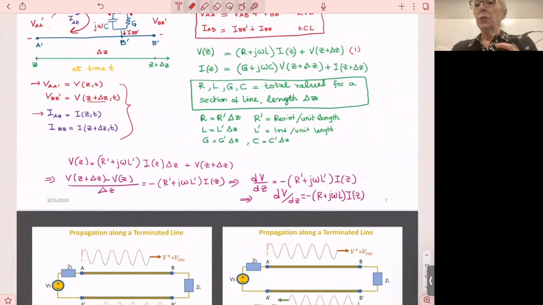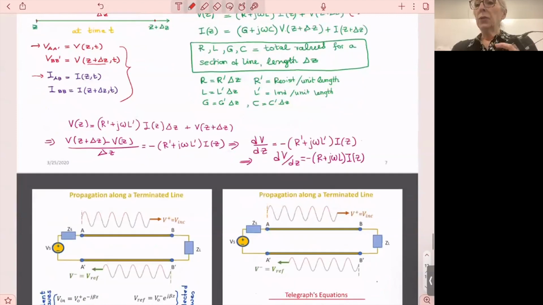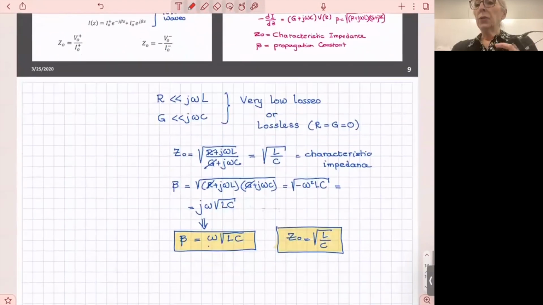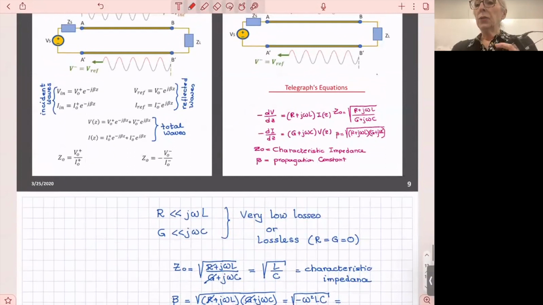Those partial differential equations are here. They are coupled partial differential equations. Let me find them. Okay, here we go.